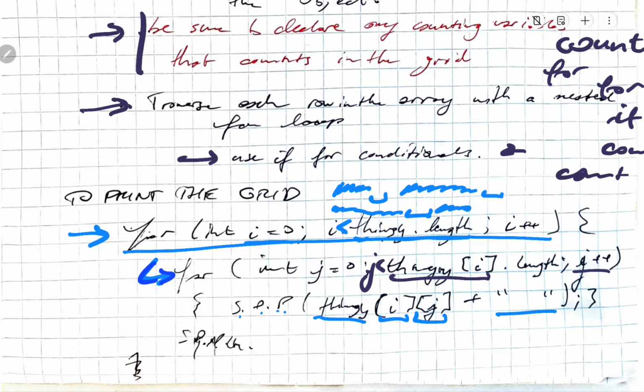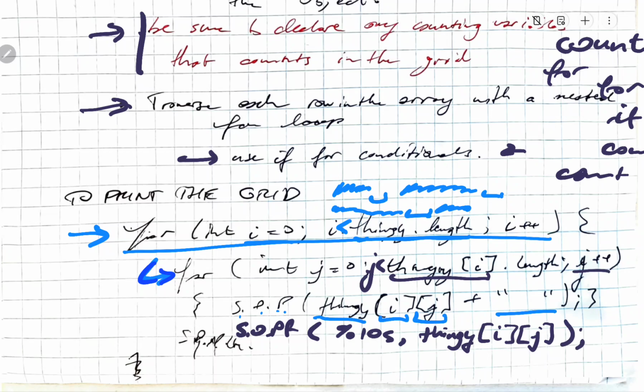To fix this, I didn't do this, I kind of forgot. You would go system.out.printf, and I'm pretty sure it will be %10s, and then a comma, thingy at index i and index j.